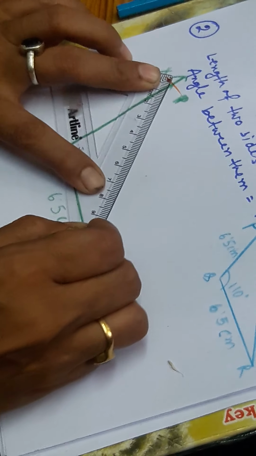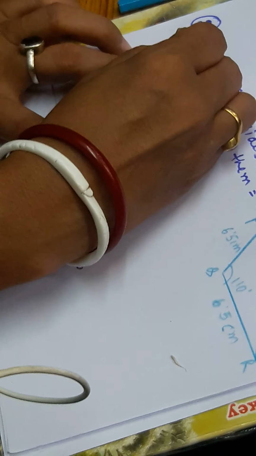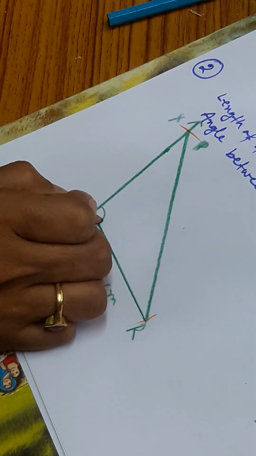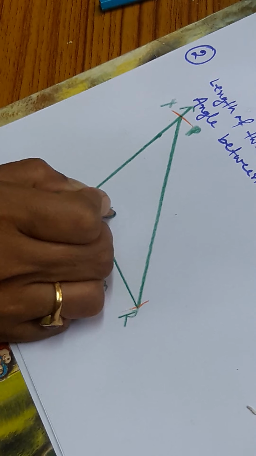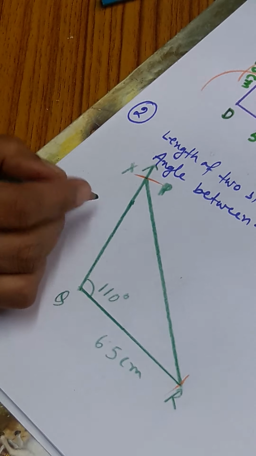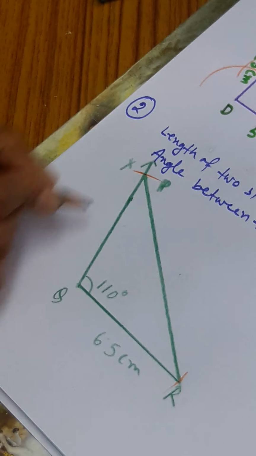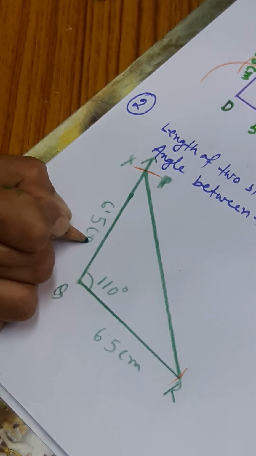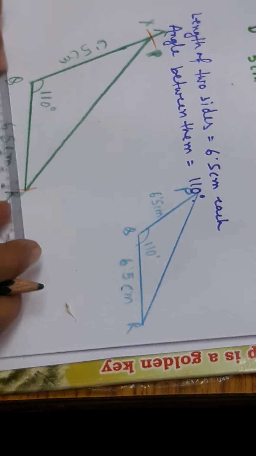So let's join it. You will get the triangle whose name I have given here, PQR. Understood? This is the angle you have got, that is 110 degree, and this side PQ is 6.5 centimeter. For cross check you can check it once again.